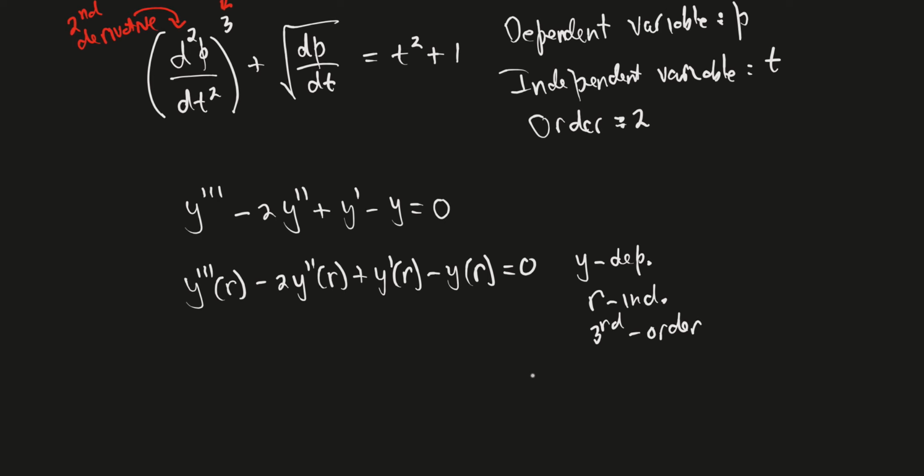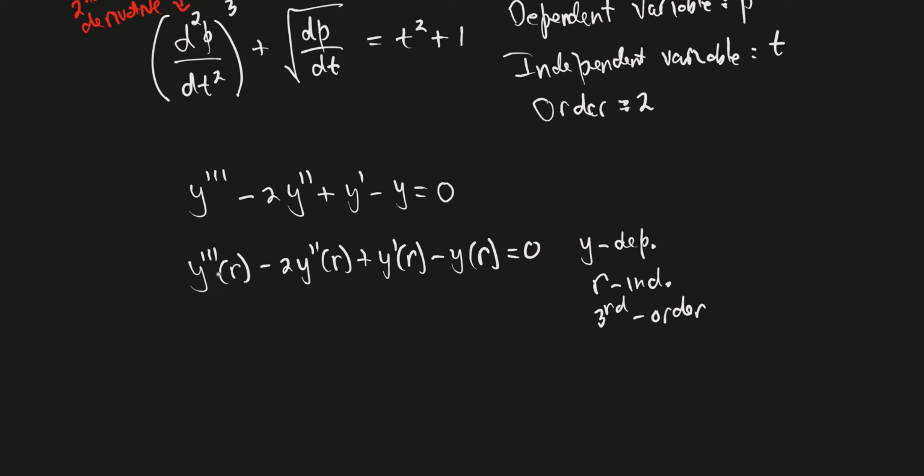Now, when the order gets to be pretty high, writing these primes is, at the very least, not very aesthetically pleasing. It doesn't print well on a page. So typically, once you get to 3 and 4 and 5, you might see something like this: a 3, but in parentheses.